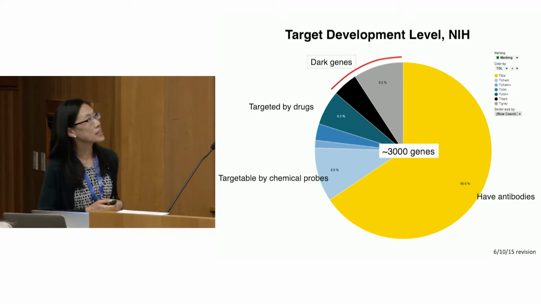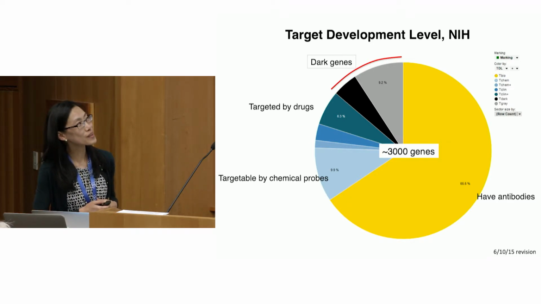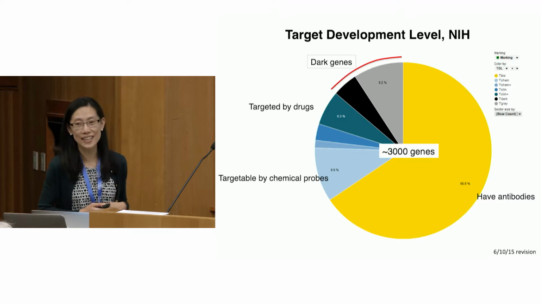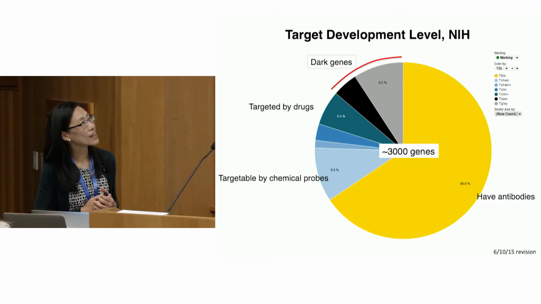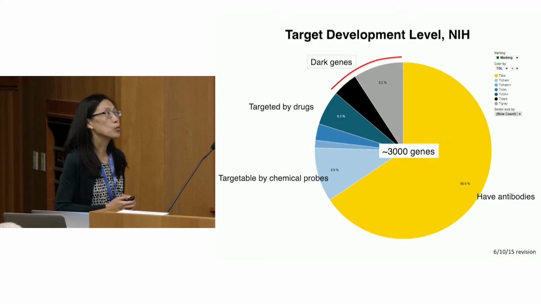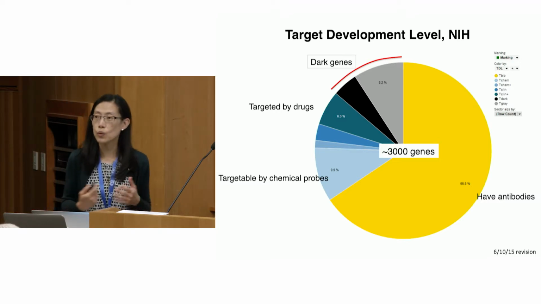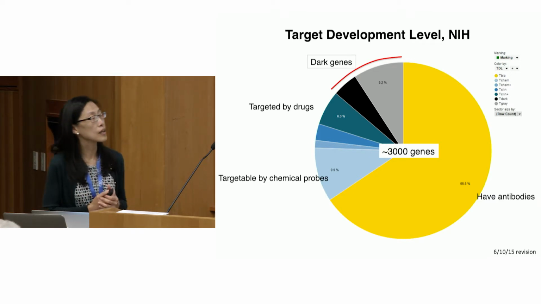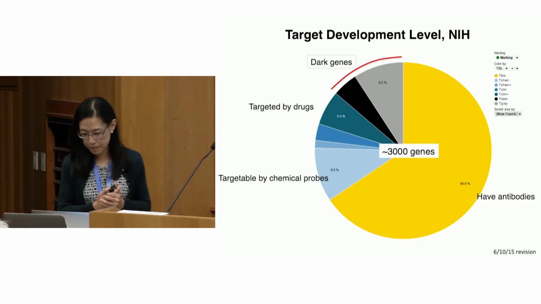But there is also still more than 10% that nobody has ever studied. There are no reagents to study them. So I guess the idea of this program is that if we can know more about what they do, we may be able to identify more druggable targets to be used in therapeutics.